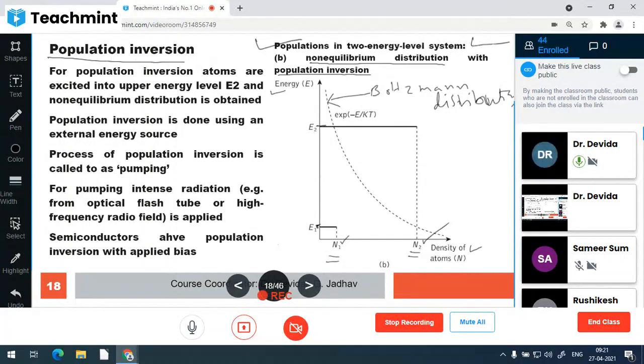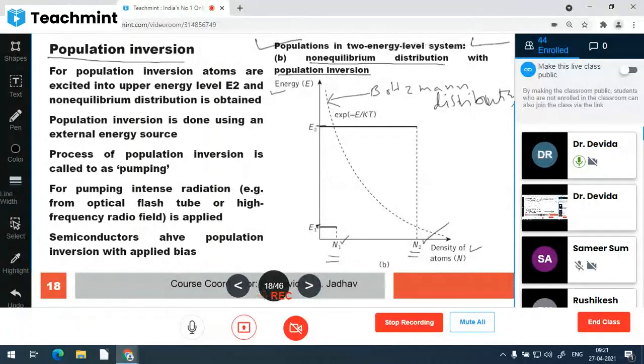Actually, for simplicity, we are talking in terms of number of atoms. It is the density of atoms in the crystal, because the dimension of the laser diode or LED is very, very small. Suppose 5 micrometer by 5 micrometer by 5 micrometer. Total volume is 125 cubic micrometer.